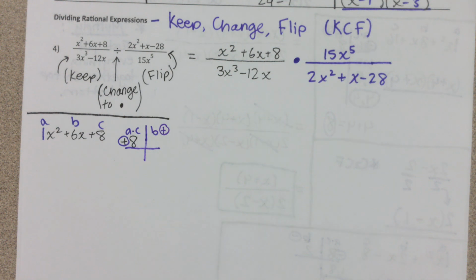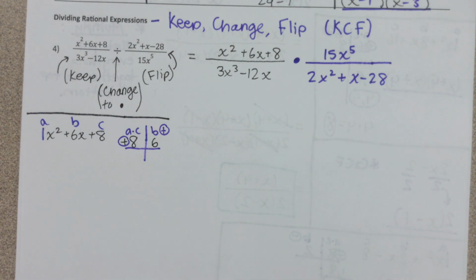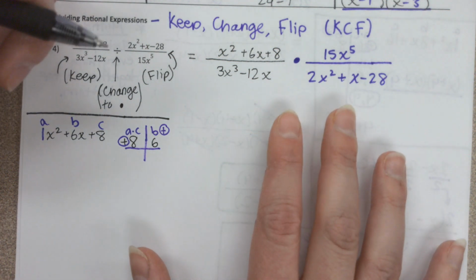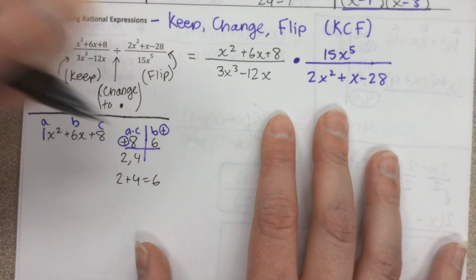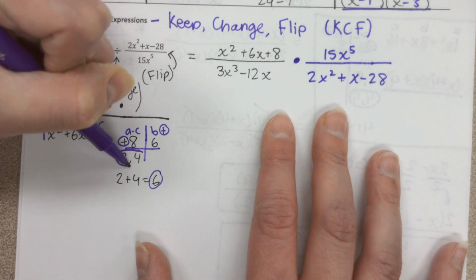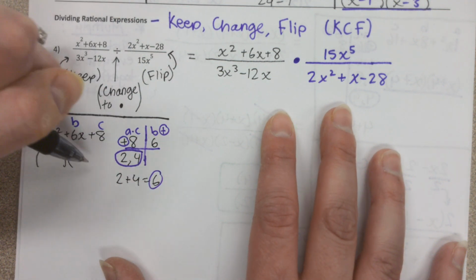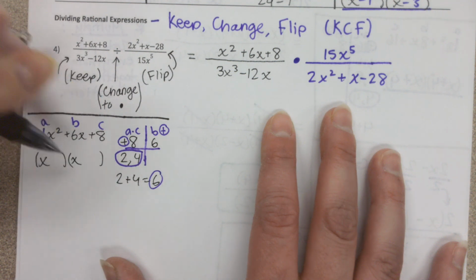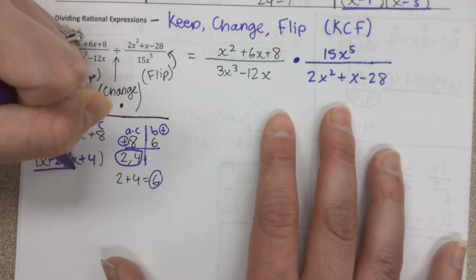So we're adding to get that B value. And B is 6. I'm going to speed this up a bit, so I'll just give you the numbers each time. The two factors we need are 2 and 4, because 2 plus 4 does equal 6. So we have x plus 2 and x plus 4.